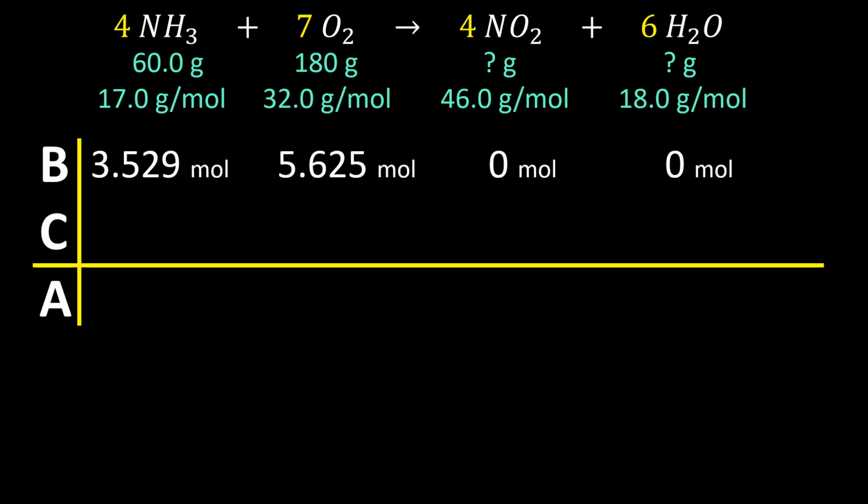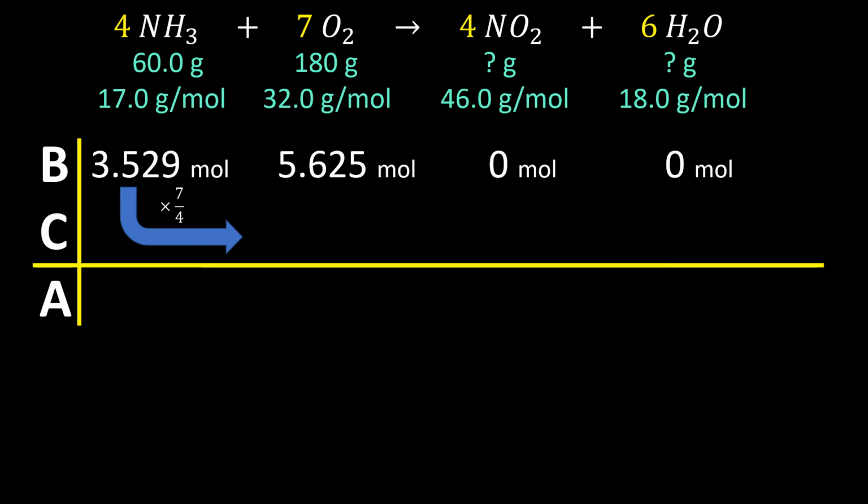So again, I can't just look at these numbers and instantly know which one is the limiting reagent and which one is in excess. So I'm just going to pick one. I'm going to pick the ammonia. If I assume that the ammonia is the limiting reagent, and I want to calculate how much oxygen gas would be required to fully consume the amount of ammonia that we have at the beginning of the reaction, I need to use the coefficients in the balanced chemical equation.